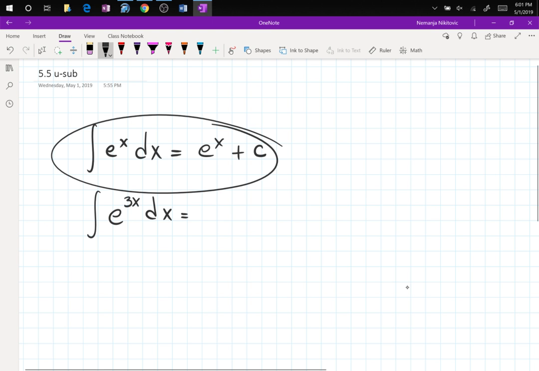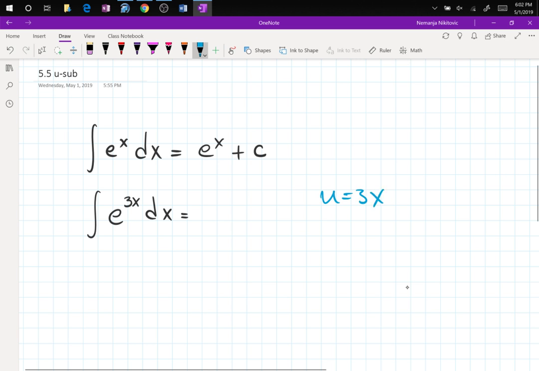You sense the attitude, right? So you define the thing you don't like as a single variable to transform the problem and make it easy. Because now, with u equals 3x on the side, you are allowed to go e to the u.